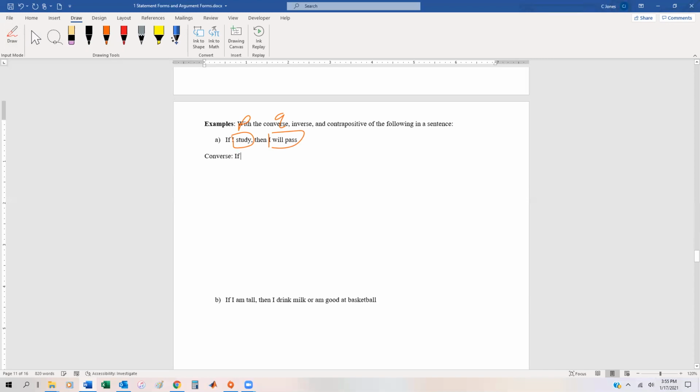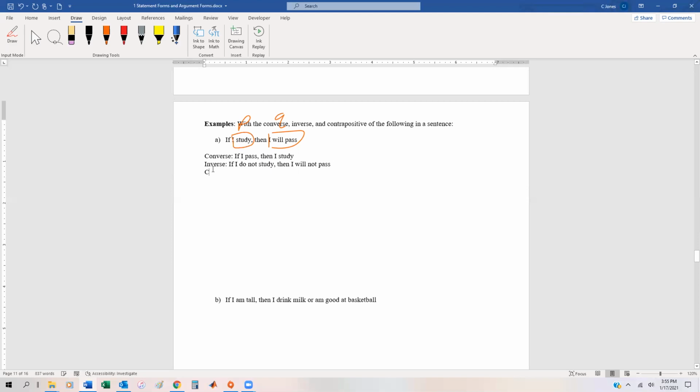We're going to say that if I pass, then I will study. And again, that's not logically equivalent. The inverse is just going to negate both P and Q. So that means that if I do not study, then I will not pass.